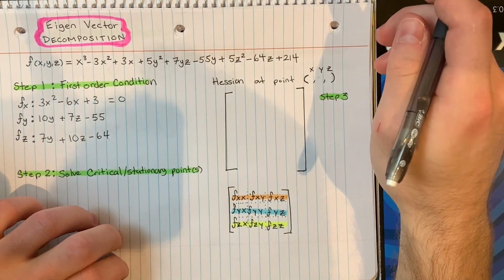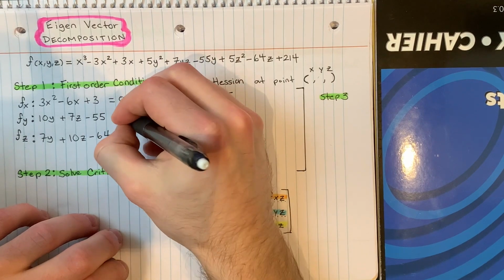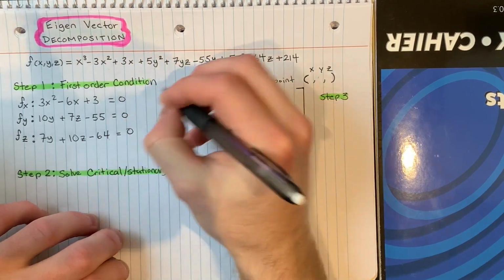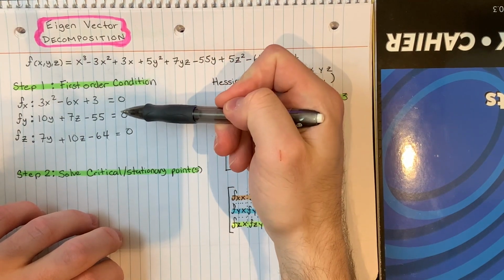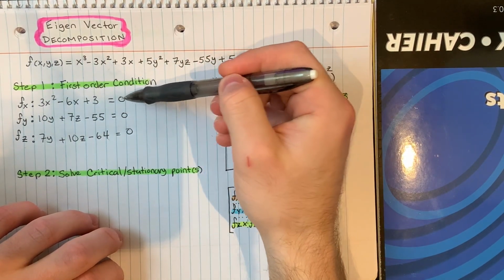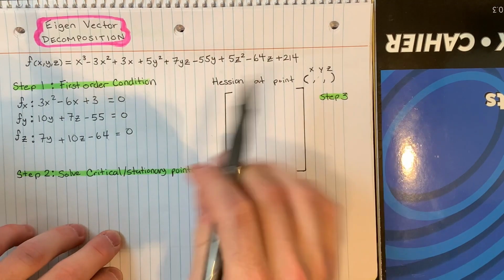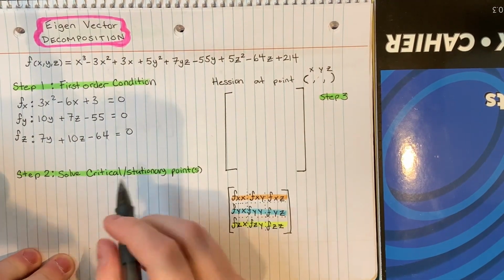And now we want to solve for the stationary point or points if there's more than one. I think right off the bat we can solve for x right away. It's a quadratic equal to 0, so we can go ahead and drop in our quadratic formula.